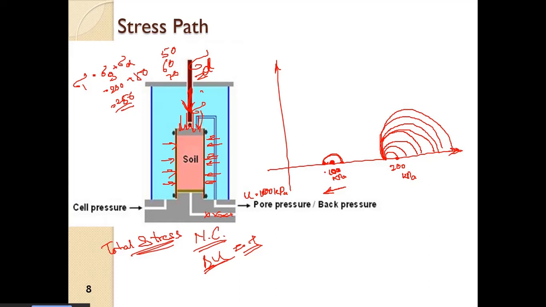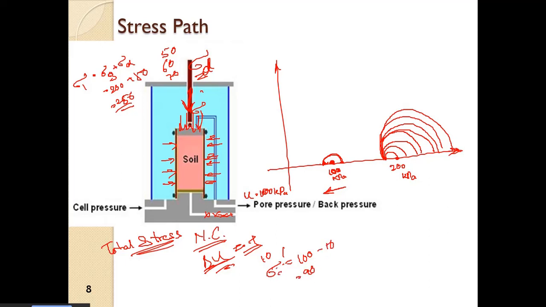Then again, with an increment of deviatoric stress, there will be again a pore water pressure increase. Suppose delta U was 10 kPa, so sigma 3 dash now is equal to 100, which was initial, minus 10. So now we have 90 kPa.